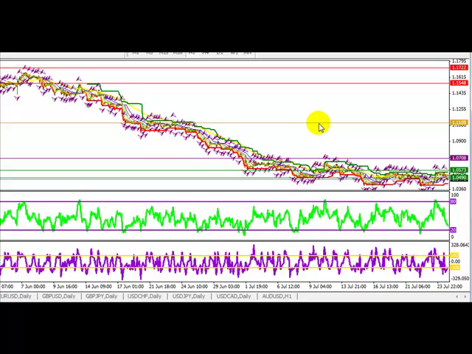So again, if we risk 1%, we have the opportunity, notice I said the opportunity, to gain 14%. If we risk 2%, we have the opportunity to gain 28%. So therefore, we really need to risk 2% on this trade, and that's exactly what I've done. Now, check this out.